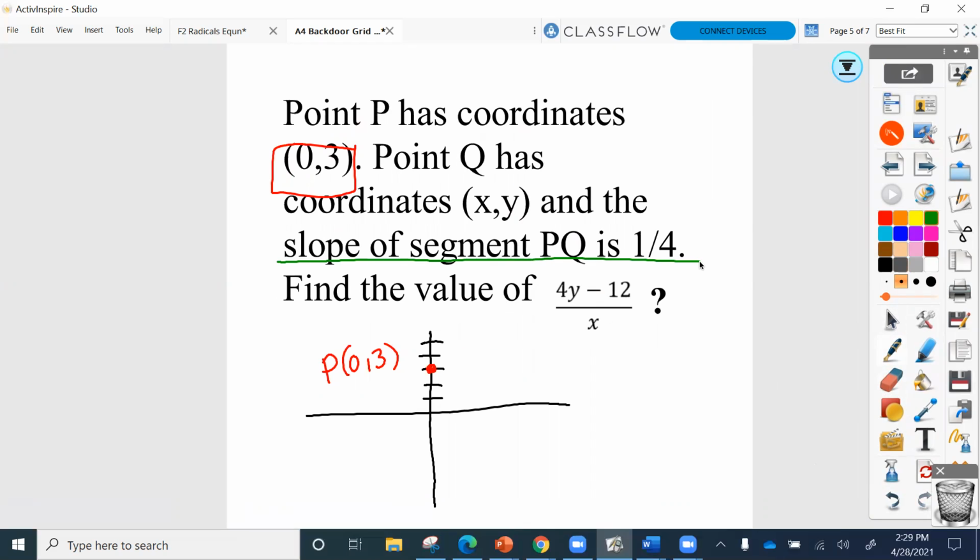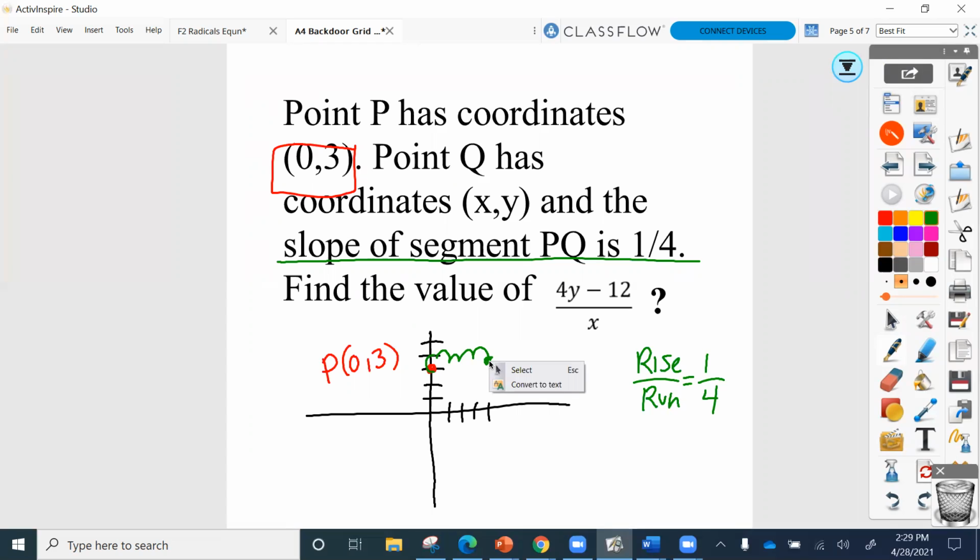And slope is rise over run. So we're going to go up 1 and over 4, to here.